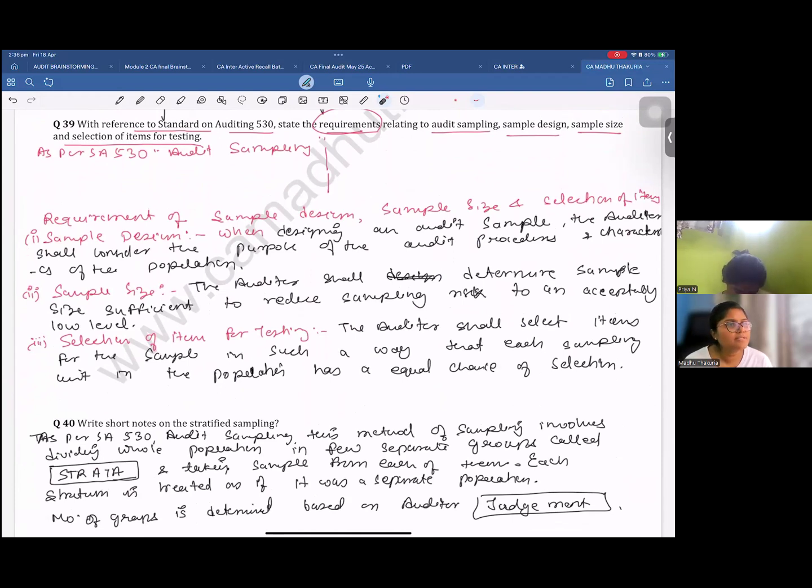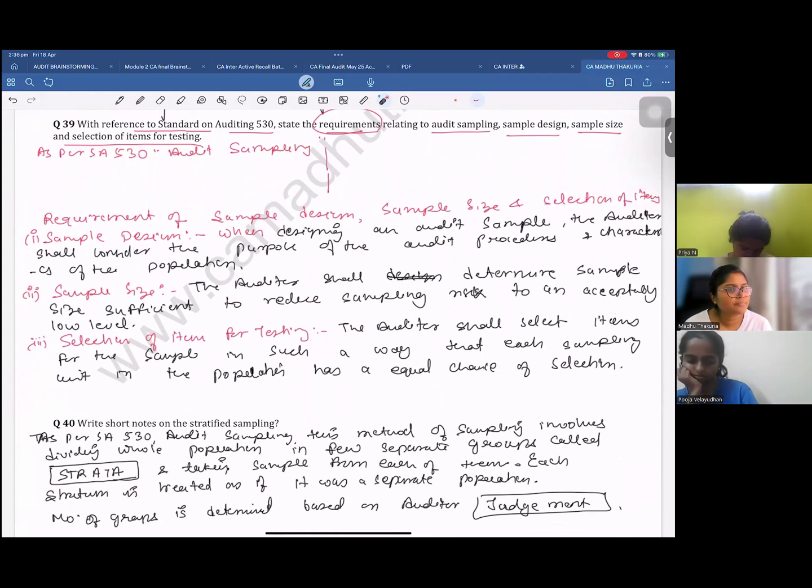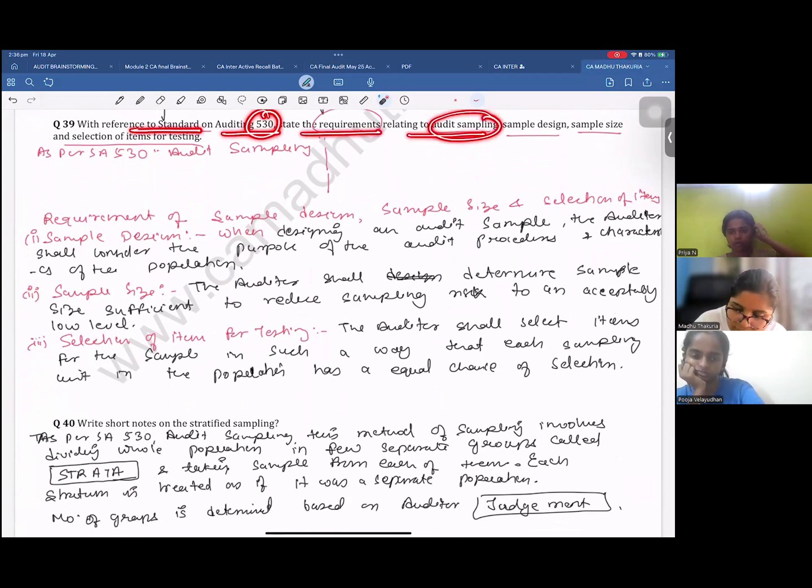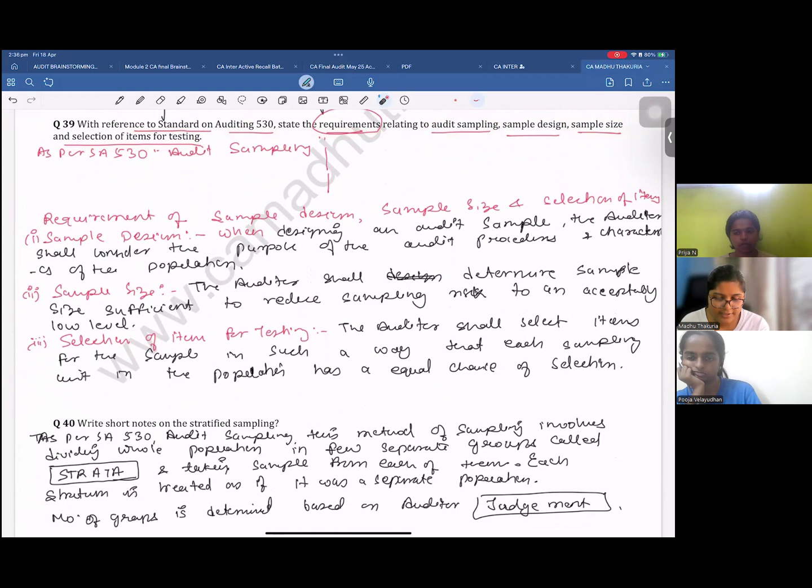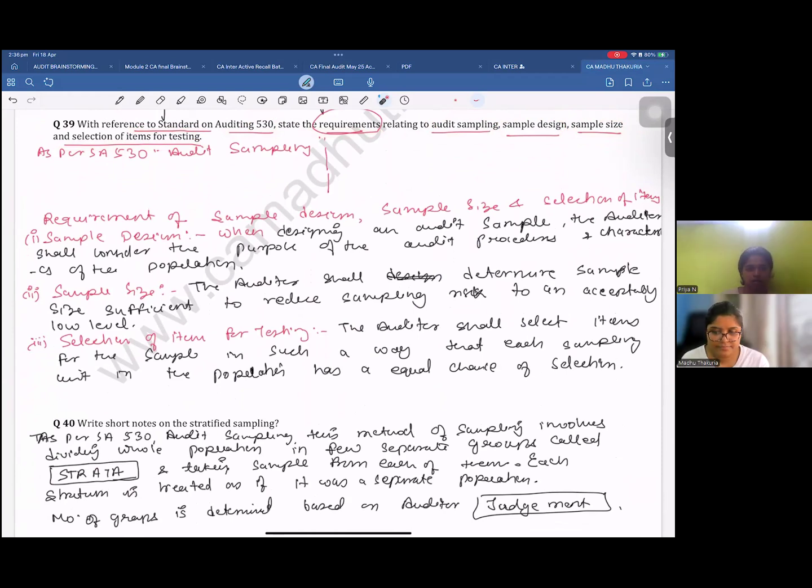Now, how many steps were there in a sampling process? Total of 7, right? You have a question? With reference to Standards on Auditing 530, state the requirements relating to audit sampling, sample design, sample size, and selecting of items for testing. What is sample design?